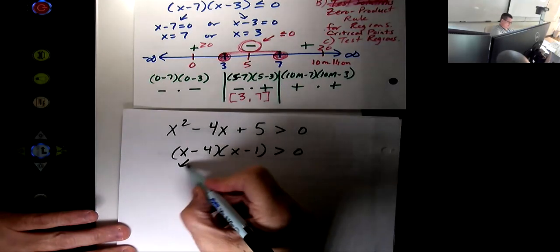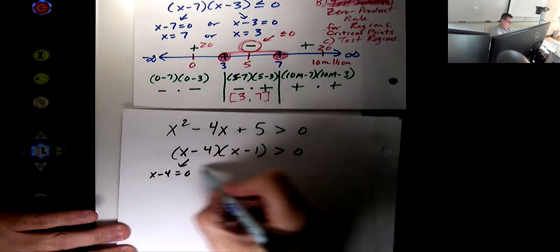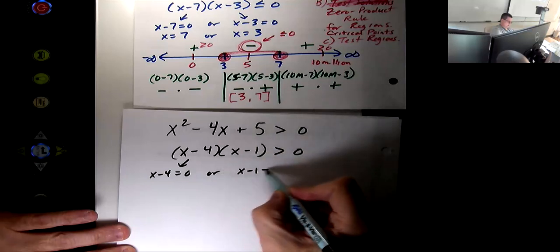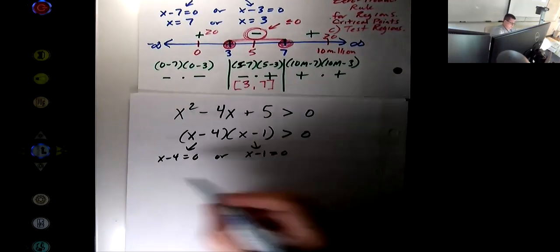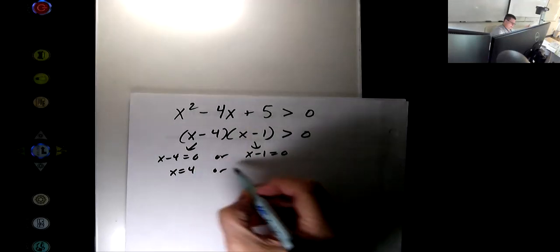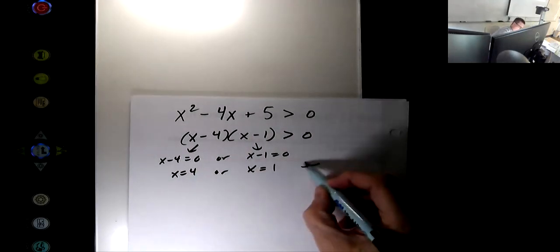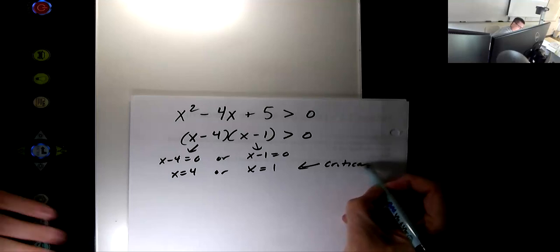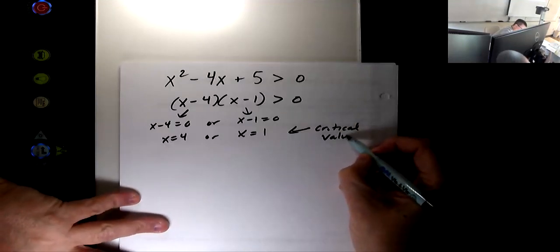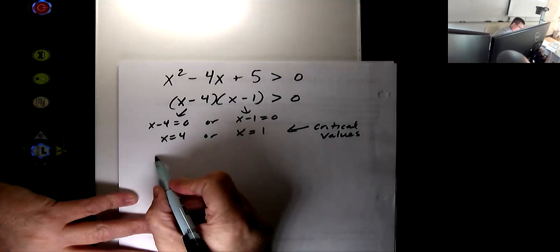So if I solve each of these, x minus 4 equals 0 or x minus 1 equals 0, and I get x equals 4 or x equals 1, these are my critical values. Those are what I'm going to put on my number line.